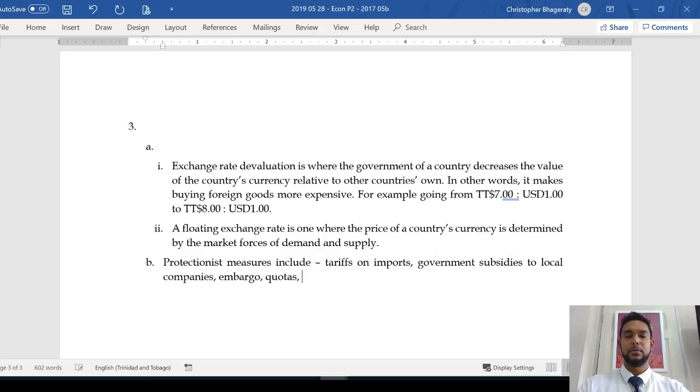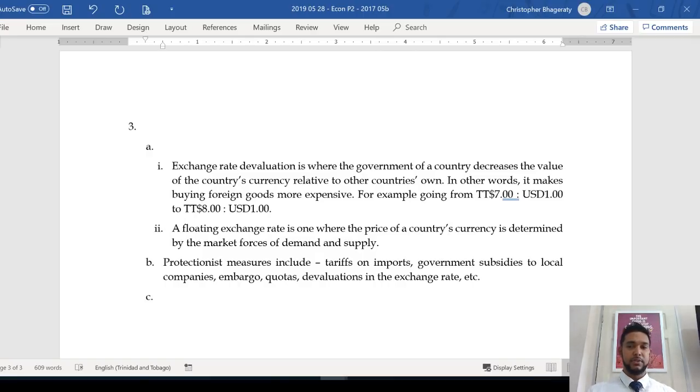So devaluations in the exchange rate, etc. Anybody can think of anything else they want to add to that list, or are we okay with that? Okay, alright. I'm fine with it too. As I said, 1. And we get about 1, 2, 3, 4, 5.